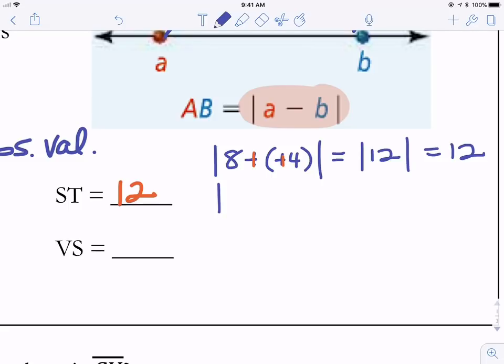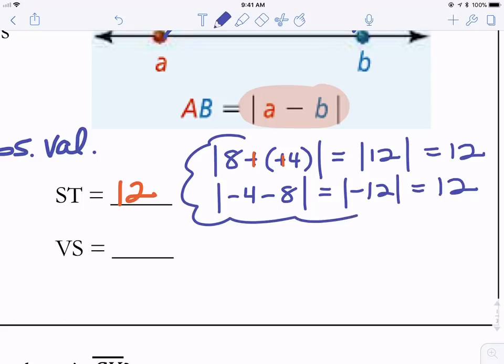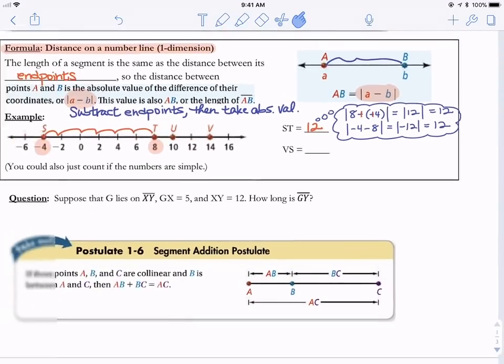Had we subtracted the other way, if we did negative 4 minus 8 in absolute value, that'd be the absolute value of negative 12, which would also come out to be 12. Okay, now again, the idea is take the absolute value of the difference so that you don't have to worry about the distance coming out negative.